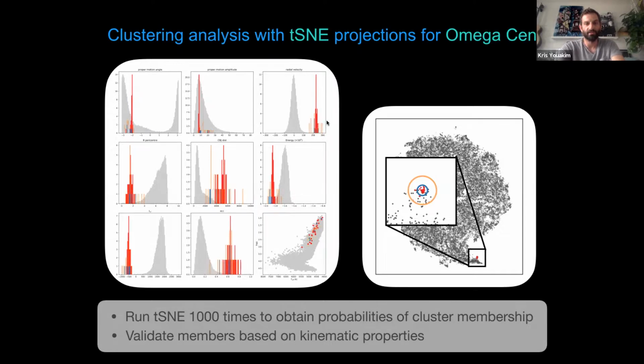And Omega Cen is especially nice for this method and for kinematics because it has kinematics and orbital parameters that are so distinct from the background stars. So it's a very high radial velocity, highly negative energies, etc. And the proper motions, maybe there's one star we might exclude based on proper motion angle from the high candidate sample, but the others are pretty much bang on where they're supposed to be.